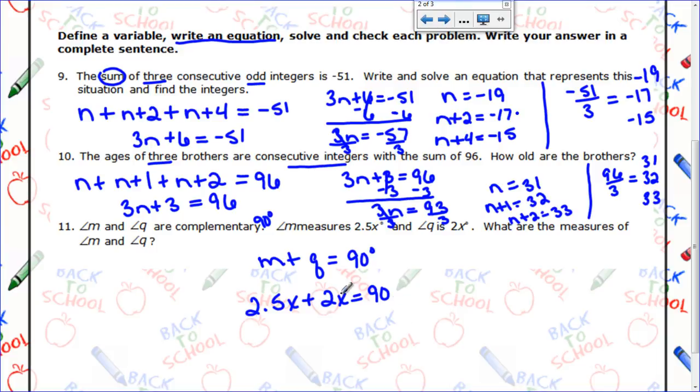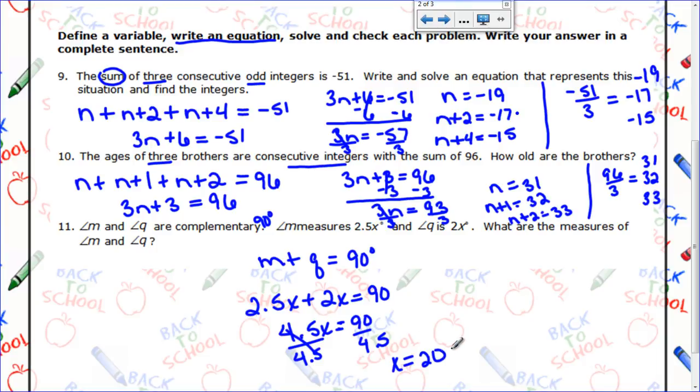So now I'm going to simplify. I'm going to put these together. 2 plus 2.5 makes 4.5x equals 90. So to find out what x equals, I'm going to divide by 4.5. And that tells me that x is 20. That's not what I want to know.